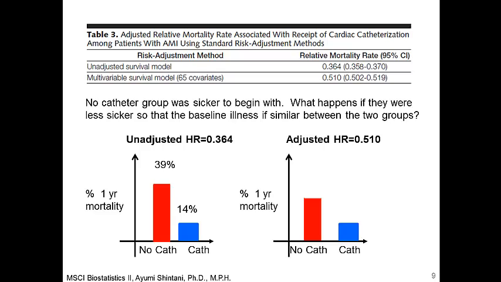You would do this in your head, and I do the same thing using a computer, right? It's the same thing. And then if you compare the mortality ratio, the hazard ratio becomes 0.510, so the result becomes smaller. So this is the concept of statistical adjustment. We are not doing anything special. We are just using a computer to do what you would do in your head very easily.